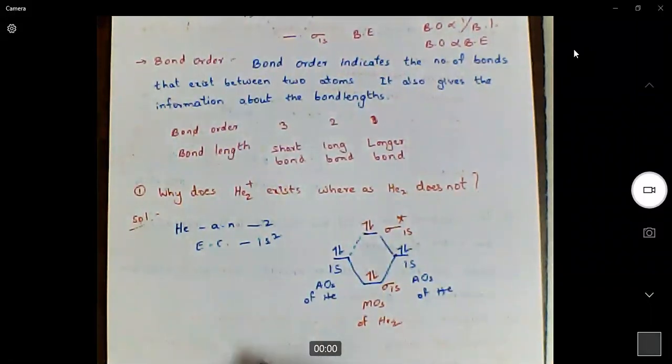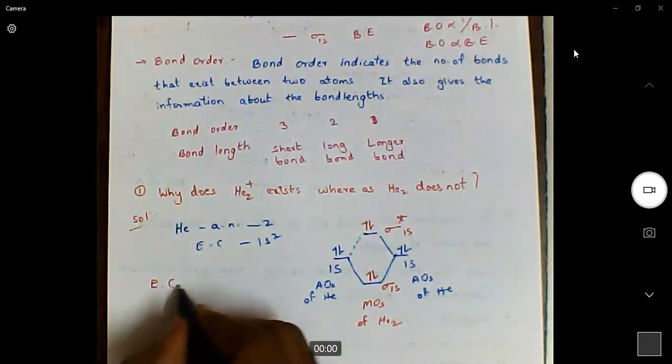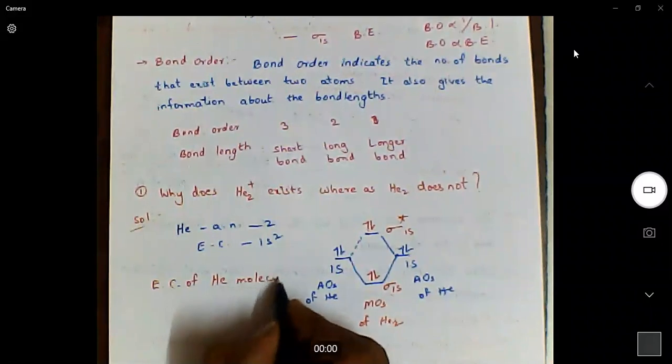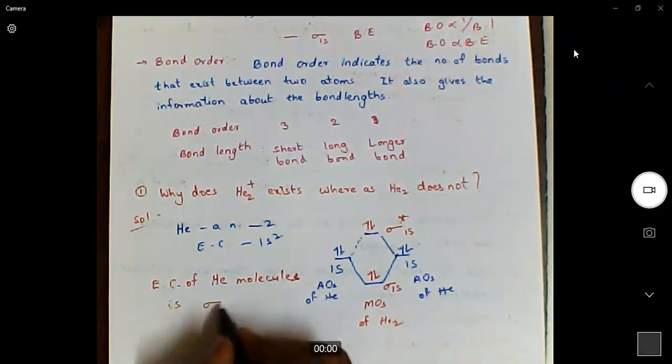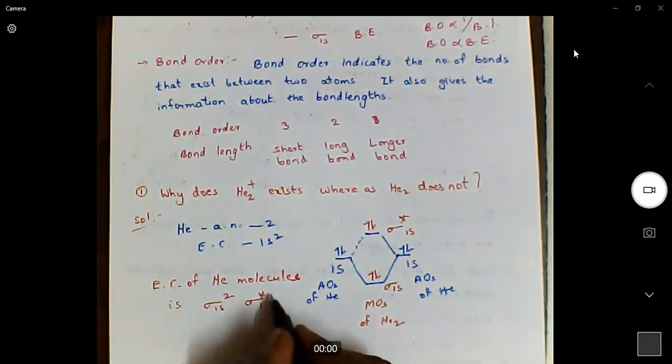Now the electronic configuration of helium molecule is sigma 1s 2 electrons, sigma star 1s 2 electrons.